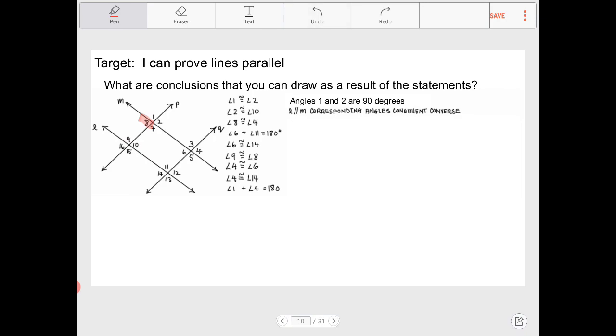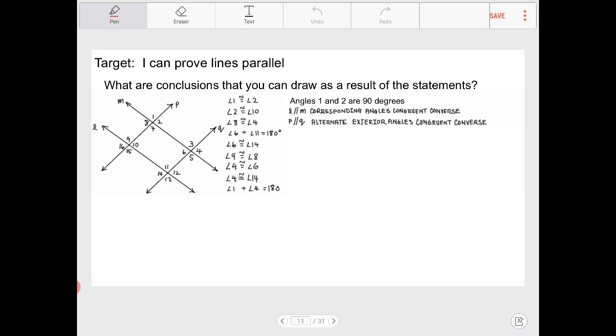Angle 8 and angle 4: those are alternate exterior angles. Alternate exterior angles to which pair of lines? Lines P and Q. So I can conclude line P and line Q are parallel because of alternate exterior angles, converse.